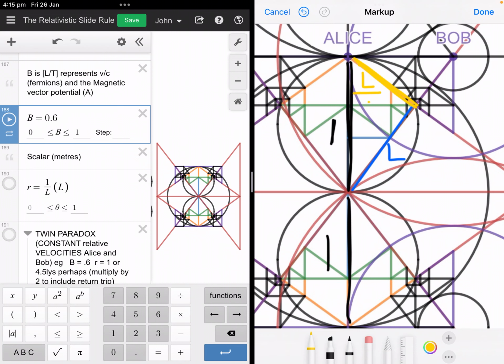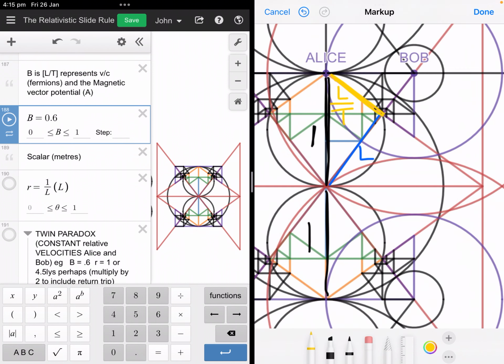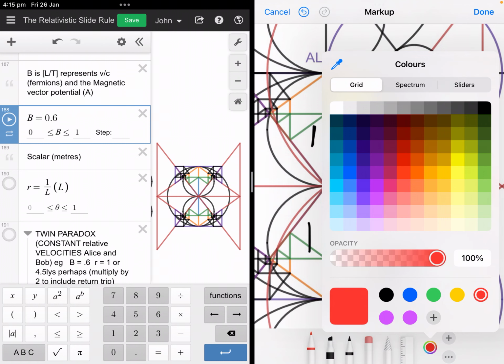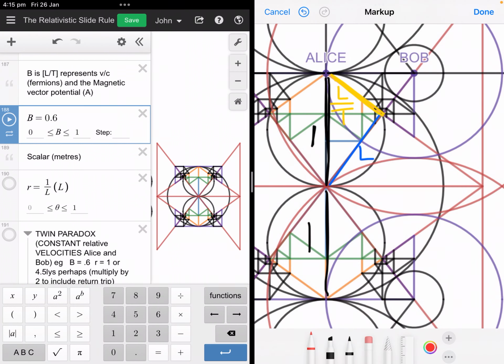Velocity is L over T, and so obviously you're wondering where T is. Turns out T is that length there, and everything else I do is just based on these 3 base units.